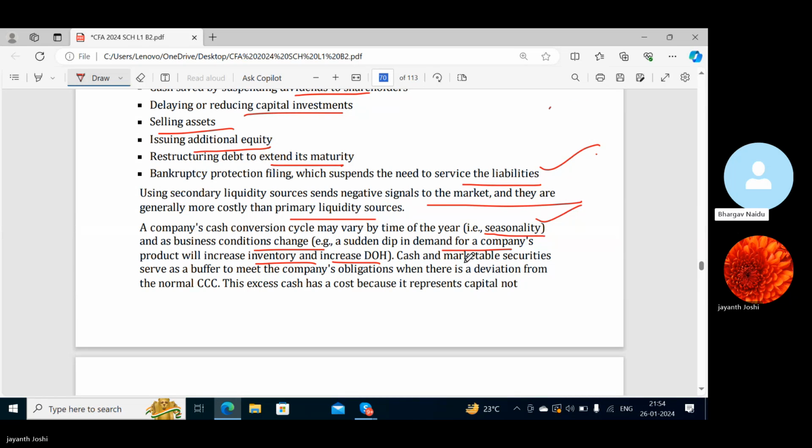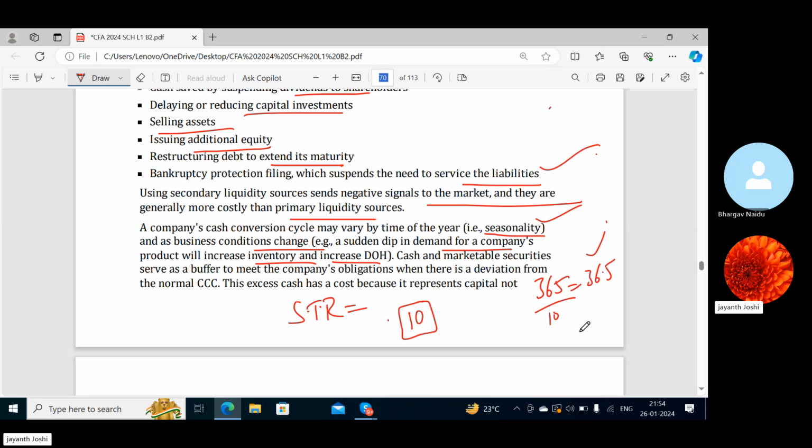There are two ratios here. One is the stock turnover ratio, that is 10, and the stock conversion period is 36.5 days. You want the turnover to be high and the number of days to be less. So the stock conversion period should be less.